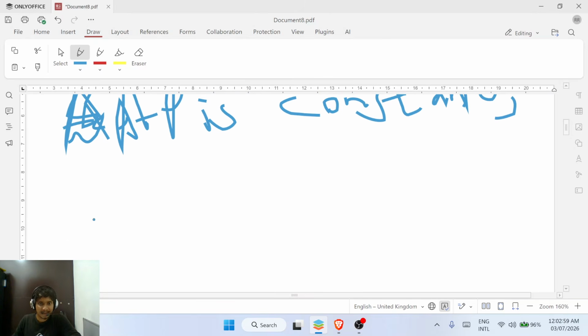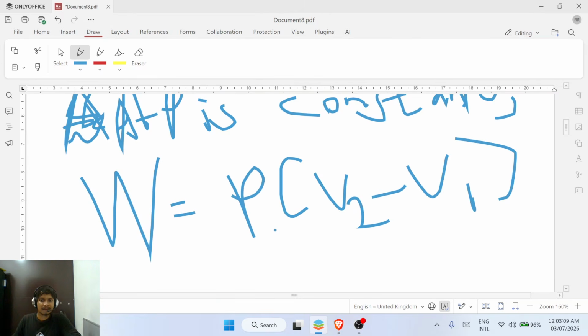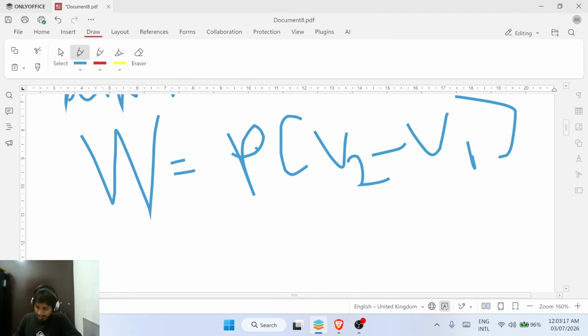When P is constant, there is an equation to find this: the work done W is equal to P into V2 minus V1. If P is constant, we can use this equation to find the work done.